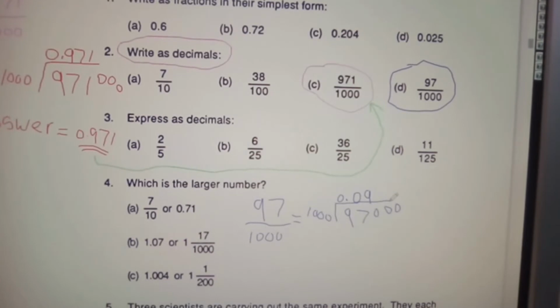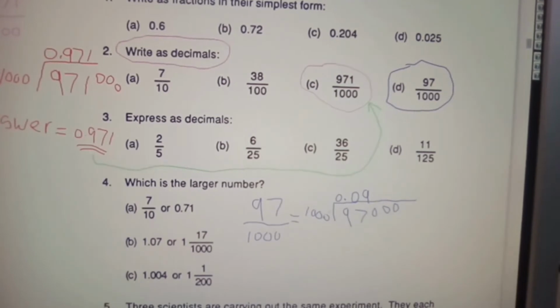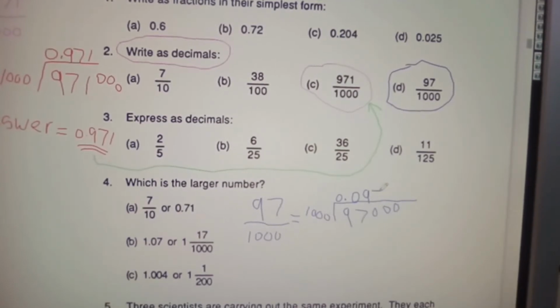Now remember that this is still within our brackets, okay? So 1000 into 7000 goes how many times? Come on, tell me. 7 times.